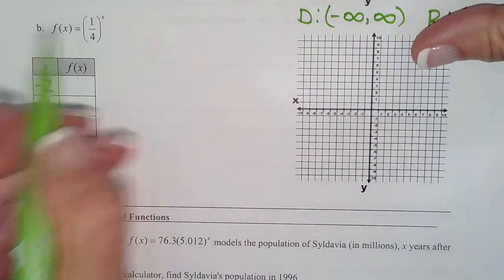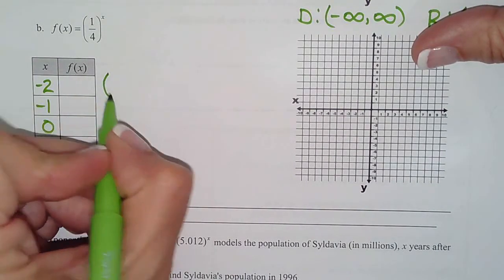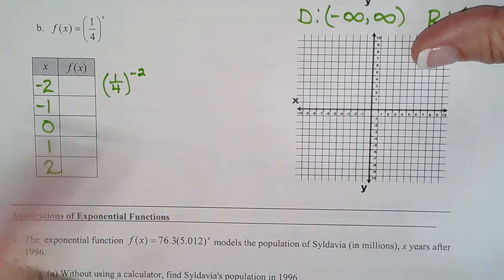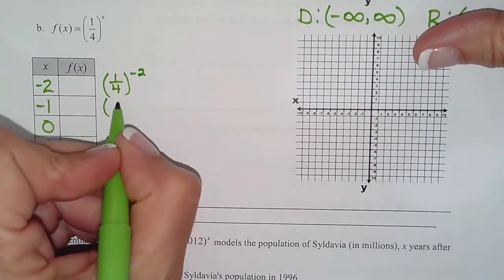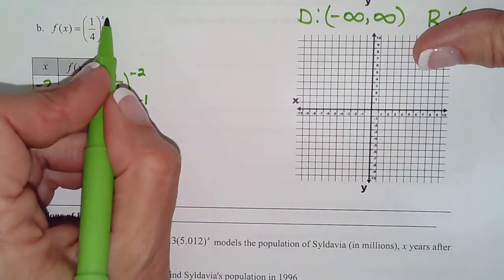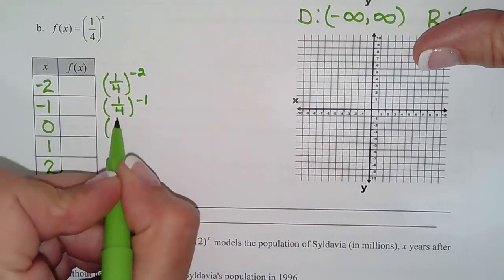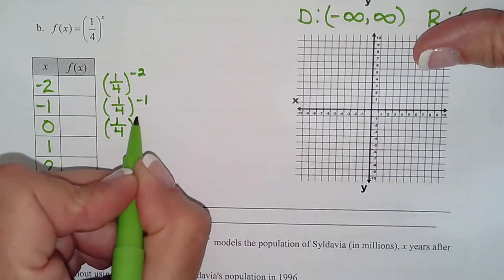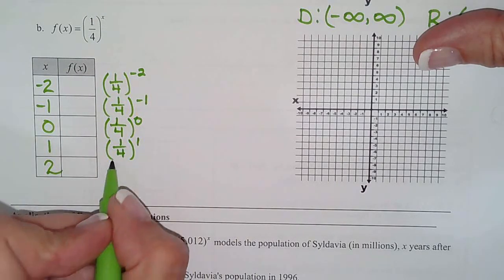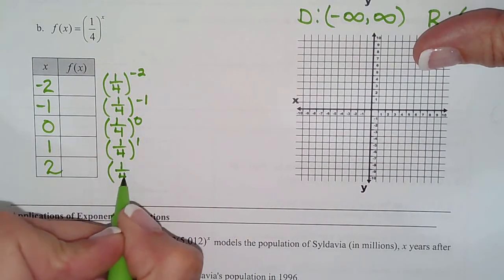So first we're going to have 1/4 to the -2, and I like to just write them all out first, then I don't have to keep looking up there. 1/4 to the -1, so this is just going in place of all the x's. 1/4 to the 0, 1/4 to the first, 1/4 to the second.